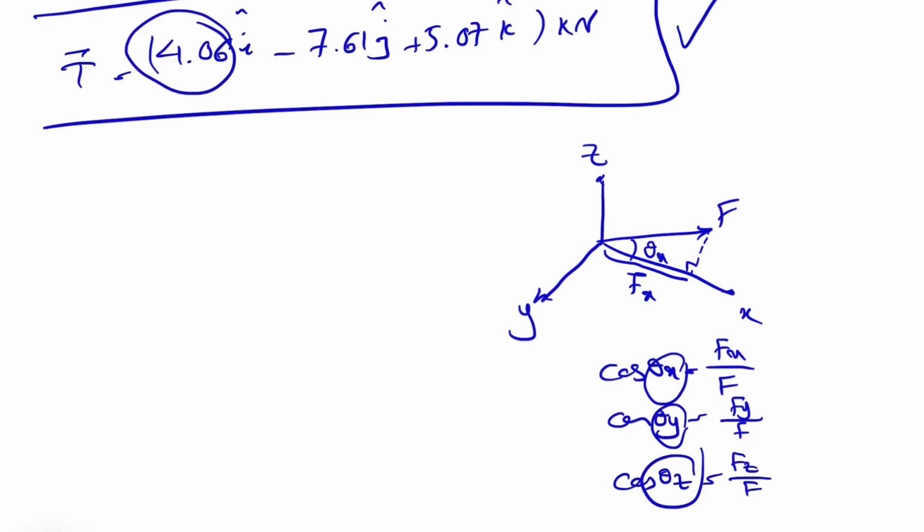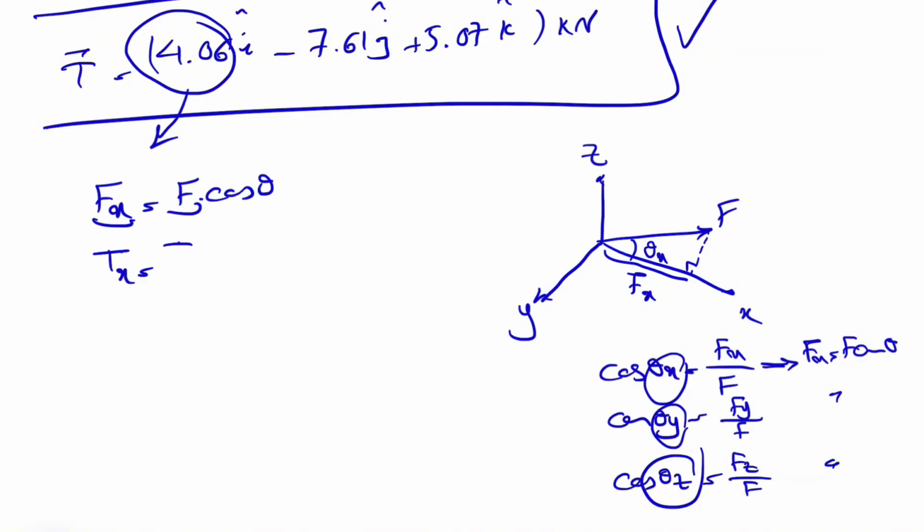So in here, this is our Fx, which will be F cosine of theta. Same for the other one, which is coming from here, our Fx would be F cosine of theta, and same for the y and z. So our Fx and F is basically the x component of the T that we have in here.